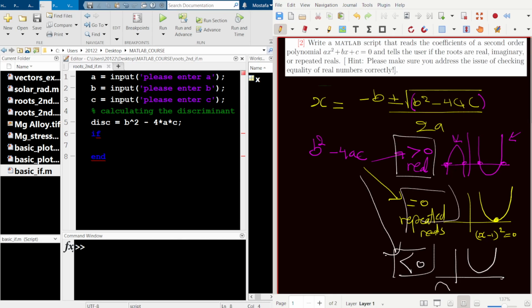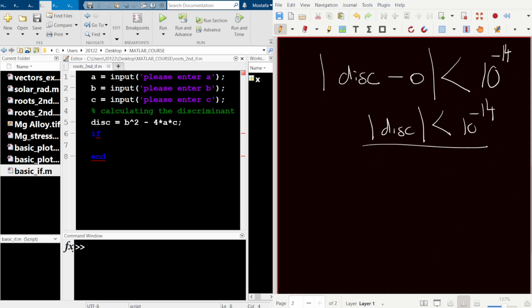Here is the recommendation, and it's a subtle point, but it's also related to round-off error. The problem is, you might have a discriminant that's, let's say, 0.000001, or maybe smaller than this. Let's actually say 10 to the negative 17.